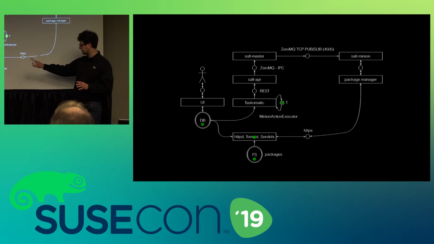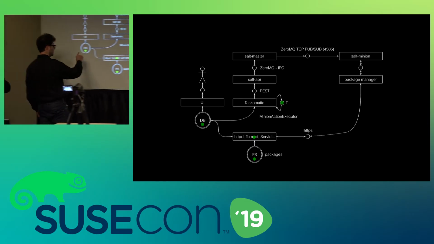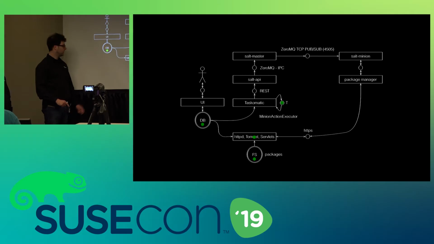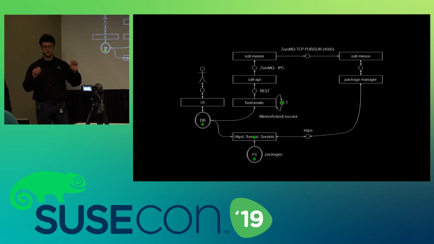The package comes from the file system. Note that the information here is merged with some information coming from the database. The reason for this is that we want to make sure that only some minions have access to some packages. What you do is assign minions particular channels. This means that some minions have the right to access some packages, but not others.